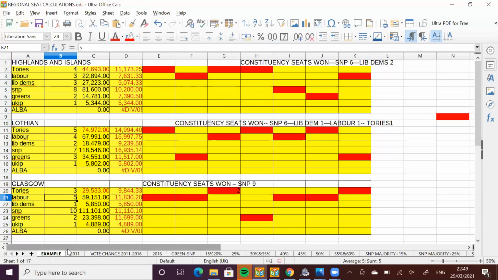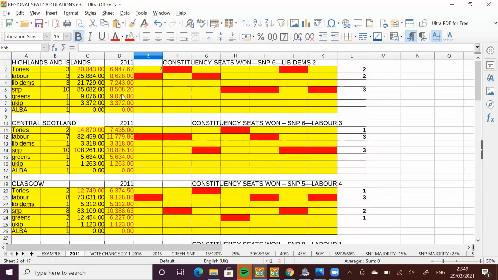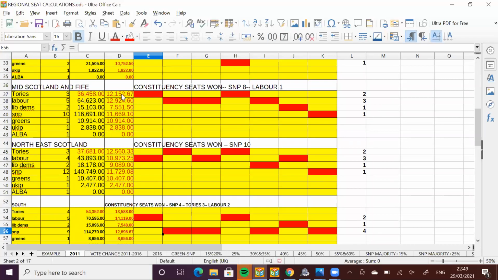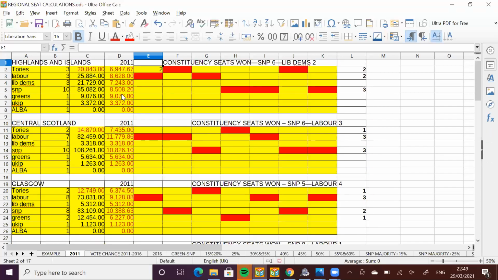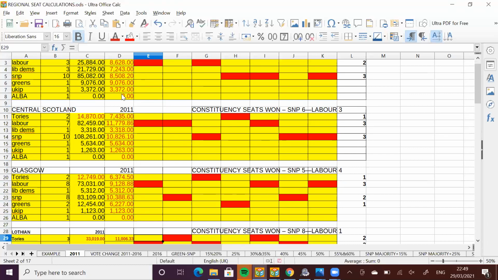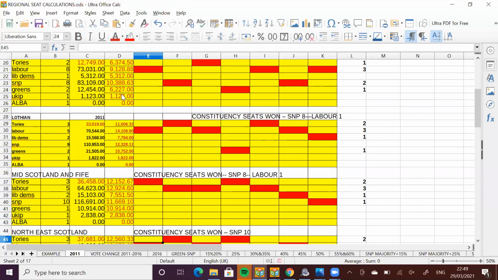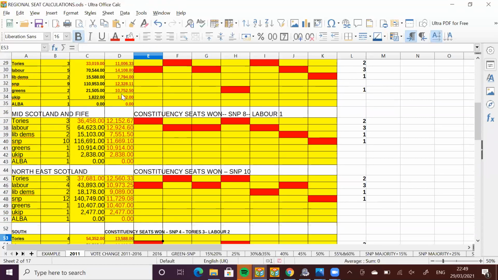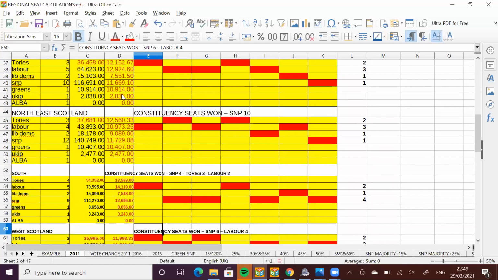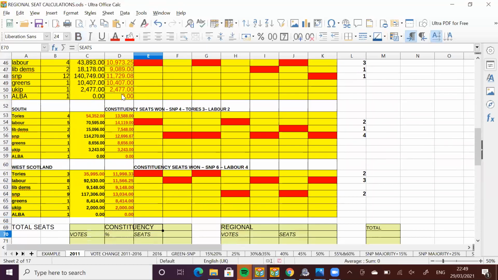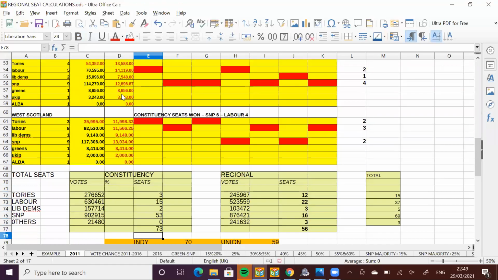So if you look at 2011, this is where the SNP won the majority, and I'll just go down it slowly so you can see all your own region. This is a summary.